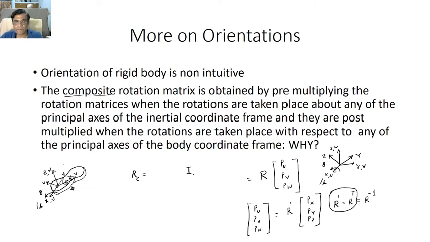So this is a unitary matrix 3 cross 3. So now you have rotated about, say, one of the body coordinate frame axes, right? Which will be some R, this, right? And this matrix is equal to R inverse.